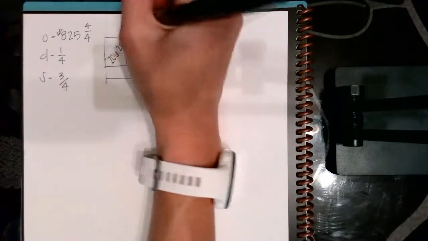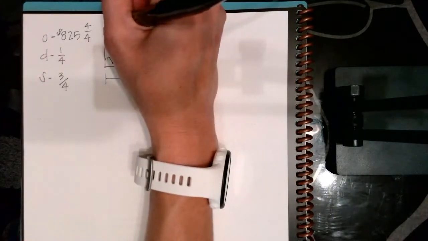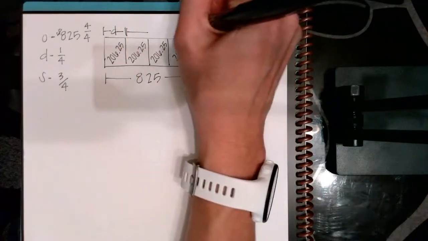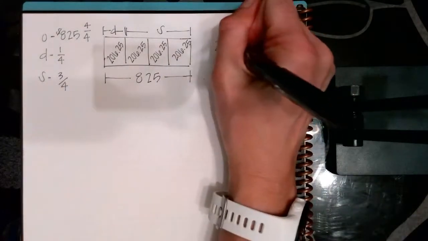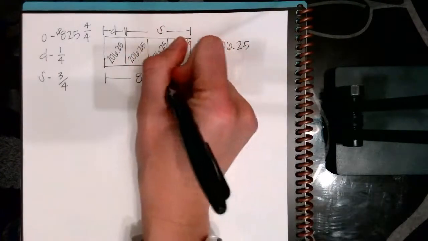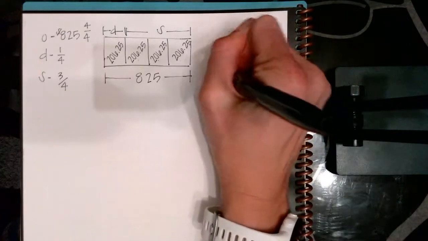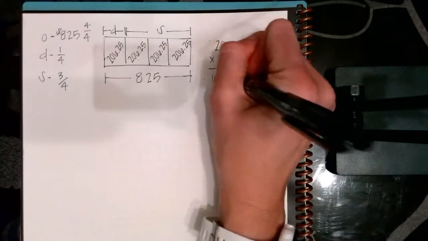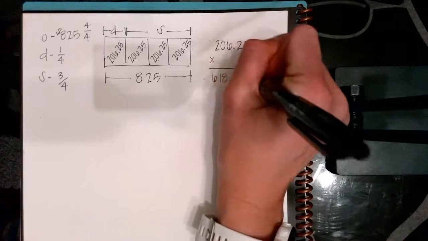Then I know that this right here is the discount. And the rest of it is the price that they paid, or the sale price. Here I can't skip count, so I am going to go ahead and do $206.25 times the 1, 2, 3 boxes that represent the sale. And $206.25 times 3 is $618.75.